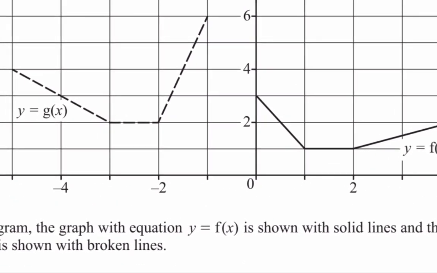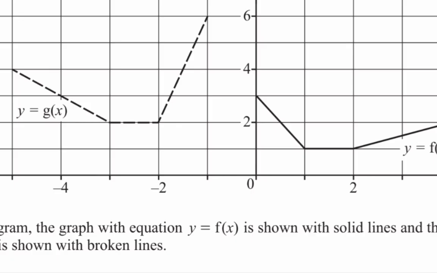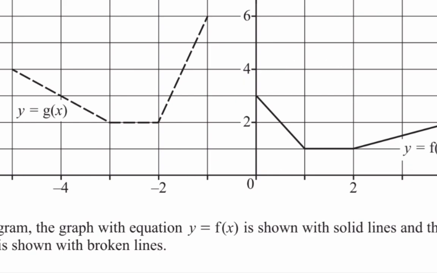And so looking at this diagram, we can see that this graph with broken lines is in a flipped shape of this one, right? You can see this part on this one is over here, and this horizontal part over here, and this one.